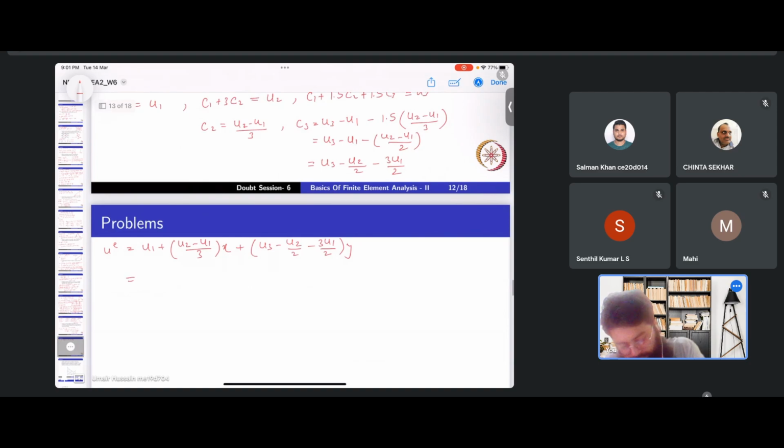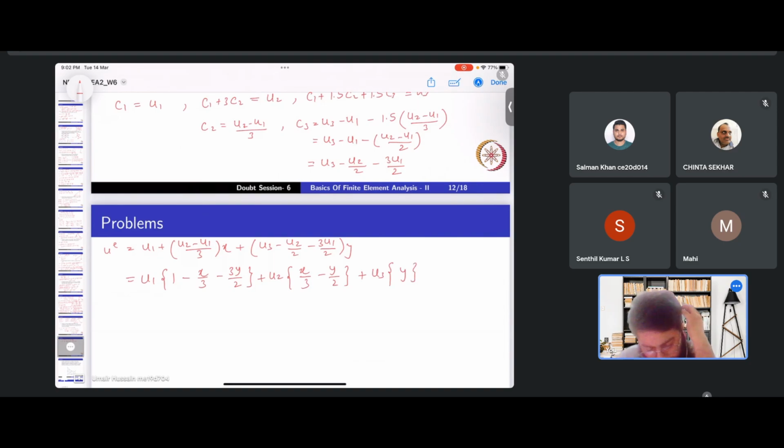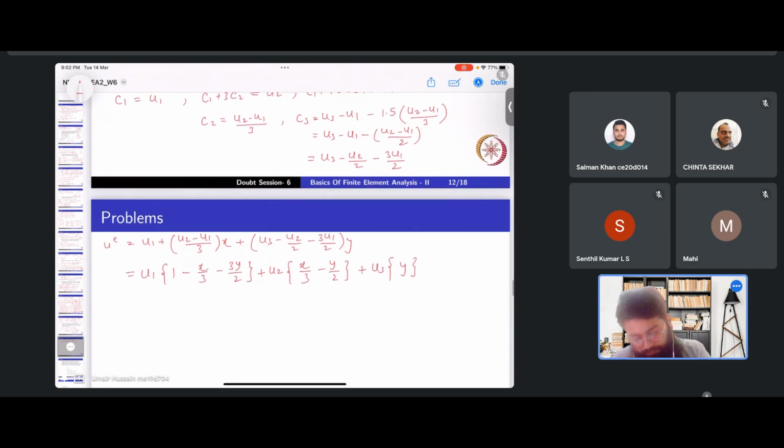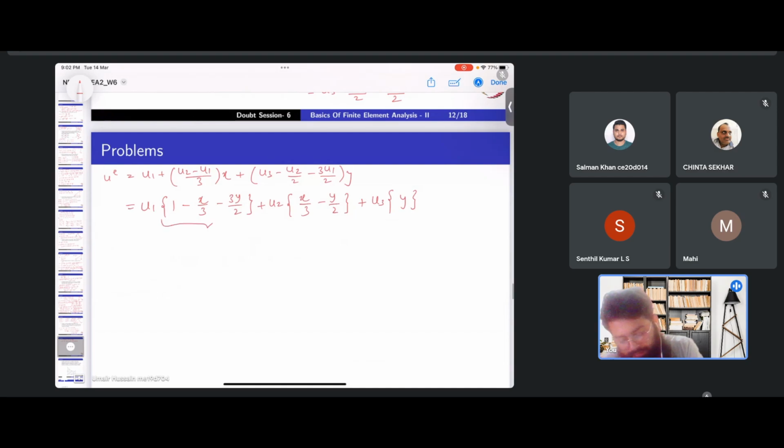So we rearrange: u1 times (1 minus x by 3 minus y by 2), plus u2 times (x by 3 minus y by 2), plus u3 times (y by 1.5). So this gives us psi 1, psi 2, psi 3.